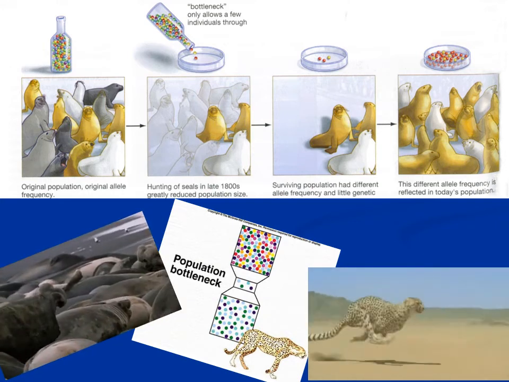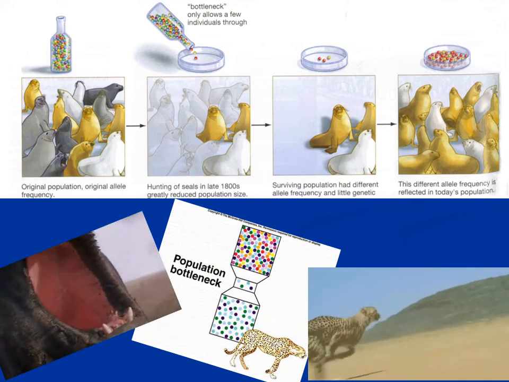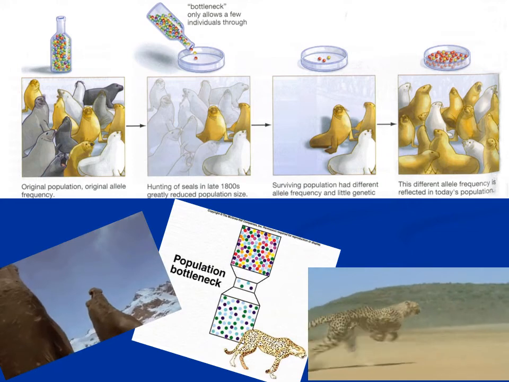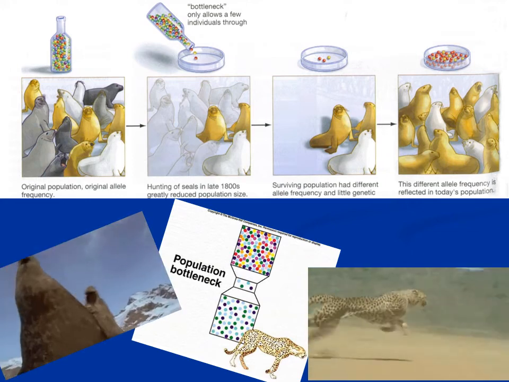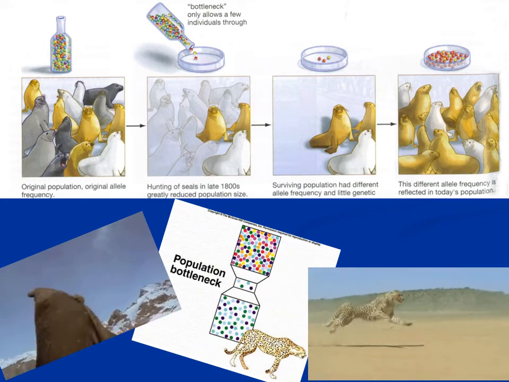Cheetahs have had a really hard time because their habitats have become fragmented, which means cheetah populations are kind of isolated in these little reserves. And it takes a lot of land and a lot of resources to feed a big cat.